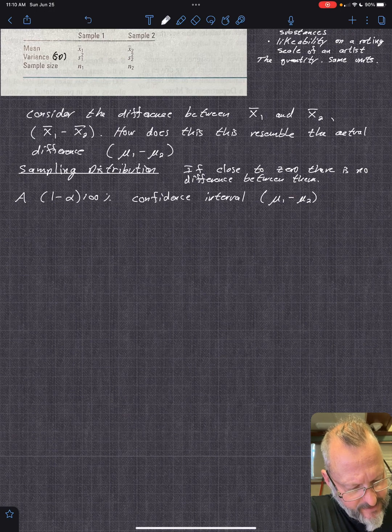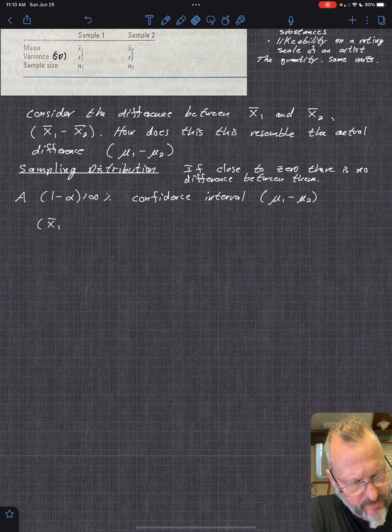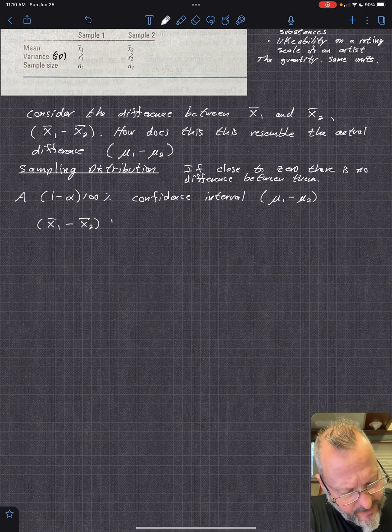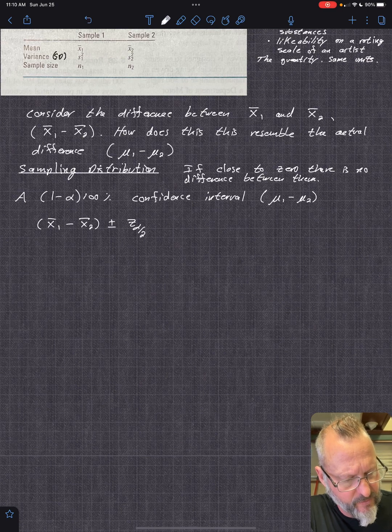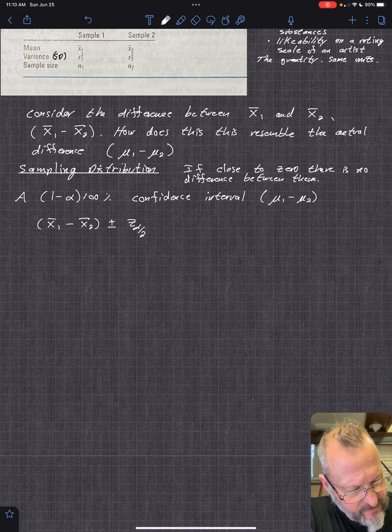You take this test statistic, which is x bar 1, so the first sample minus the second sample, plus or minus z sub alpha over 2, and then that'll be the 1.96 or higher if it's a different z-score, different confidence.